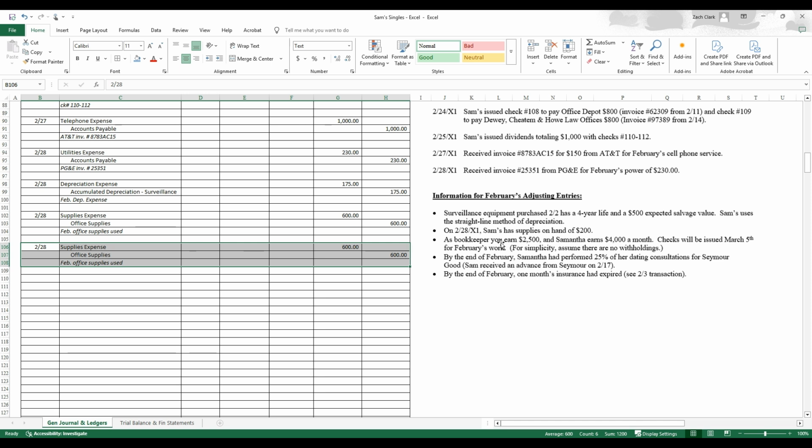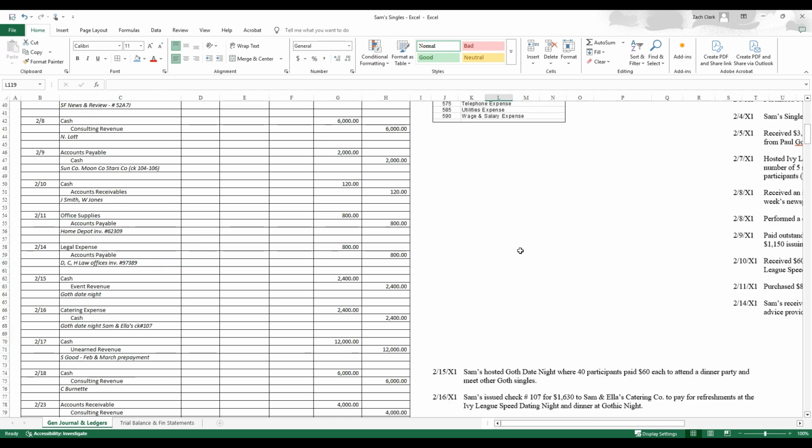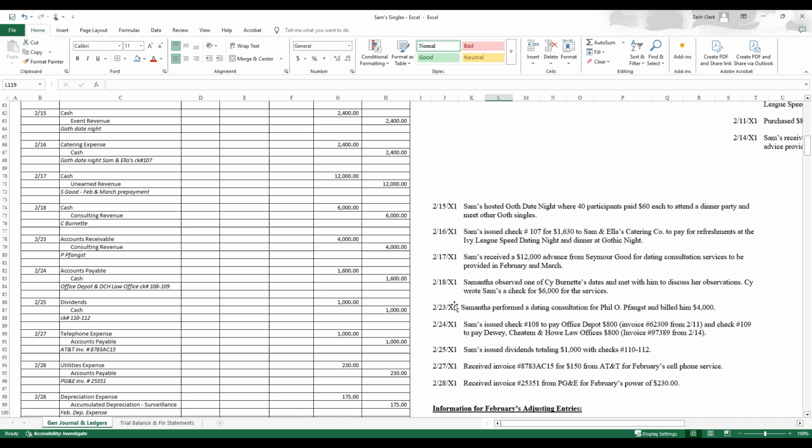Okay, as bookkeeper, you earn $2,500. So this is salaries expense. You're an employee, remember. So the business is out paying you $2,500 and Samantha $4,000, and checks will be issued next month. And no withholdings. So we're going to have, let's look and see what it calls the wage and salary expense.